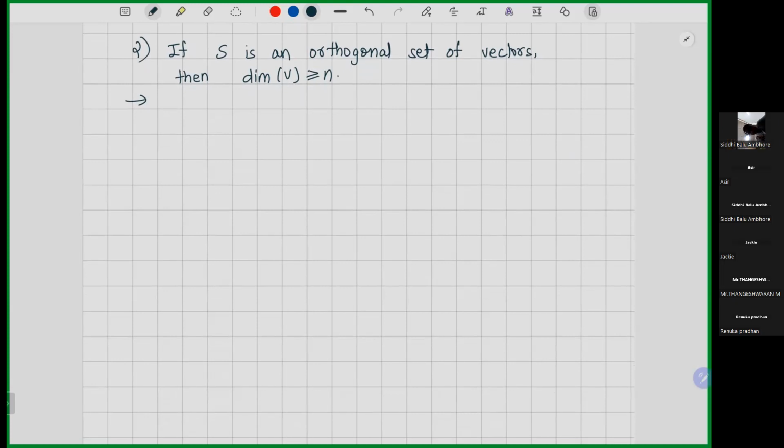From what we did in the first example, if S is an orthogonal set, then S is linearly independent, right?